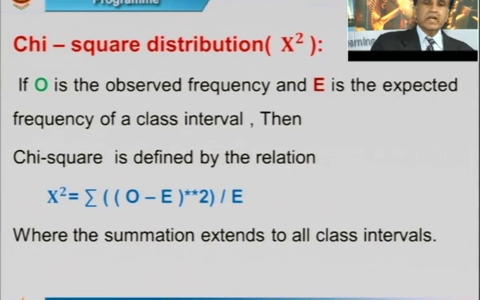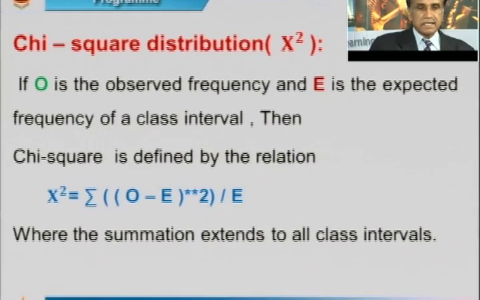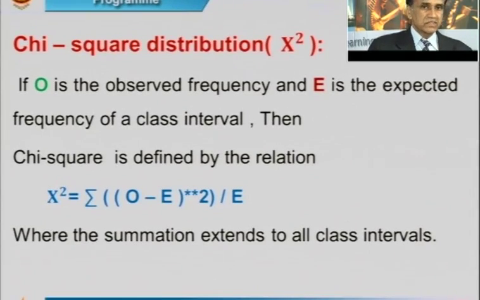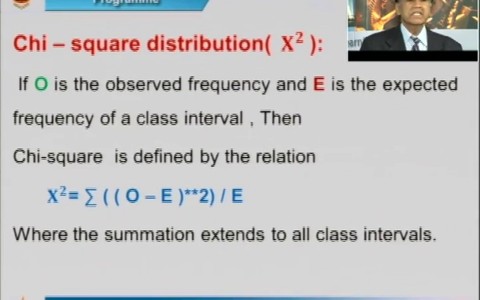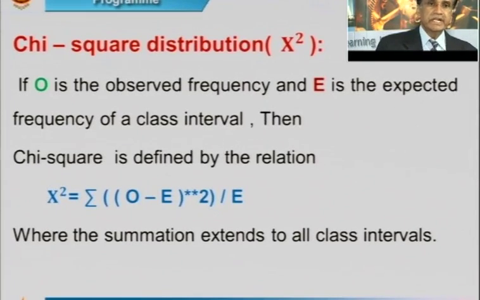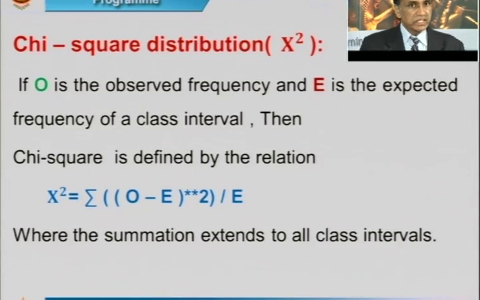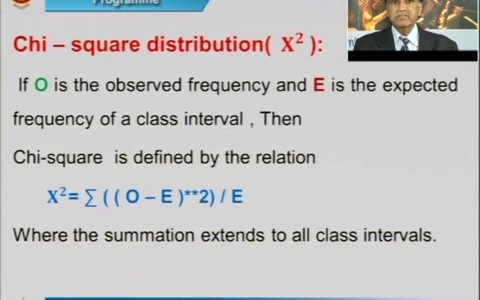Here the values which we collect from the given data in terms of frequencies we name observed frequencies, and we calculate another type of frequency using the binomial distribution, Poisson distribution or normal distribution, whichever is suitable for the given type of data. Along with the observed frequencies, you calculate the expected frequencies.